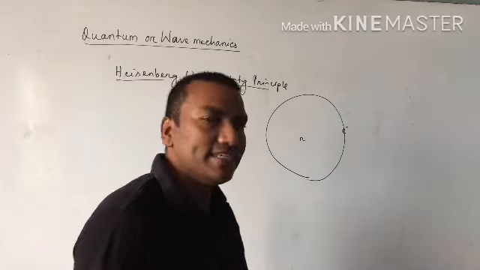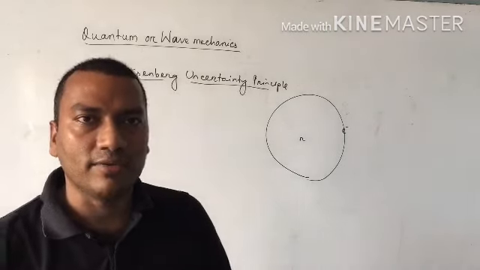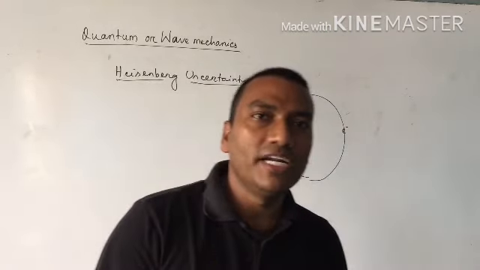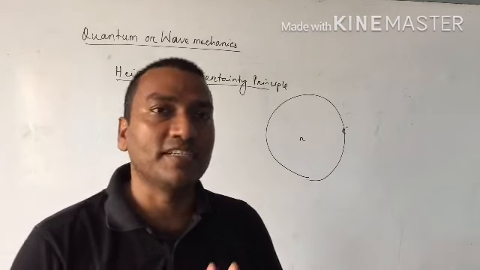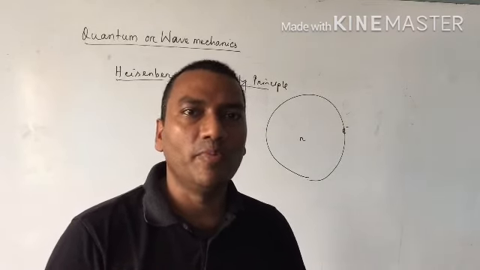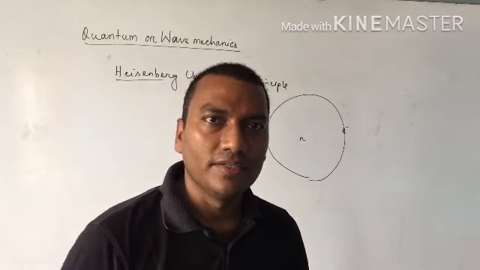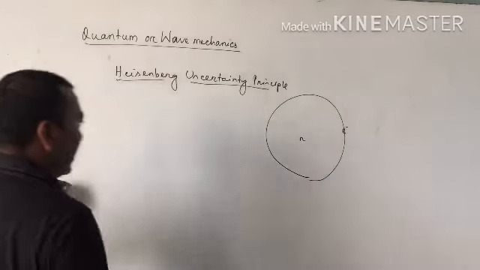So what Heisenberg said is that it is impossible to calculate with 100% accuracy simultaneously the position and momentum of an electron. Clear?